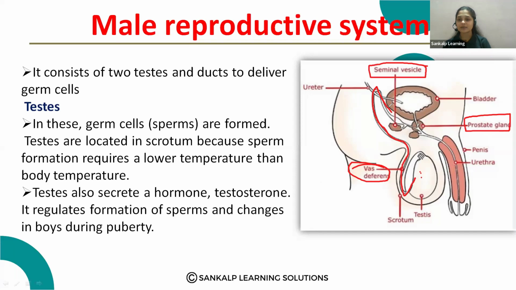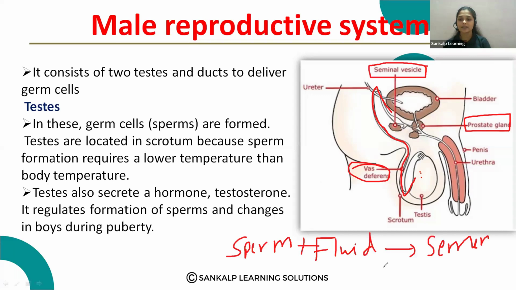They secrete some fluid-like substance that is received by the sperms which are moving in the duct. So the sperms which are carried inside the vas deferens, plus the fluid-like substance from the seminal vesicle and prostate gland, together are called semen. Sperm plus fluid is called semen.